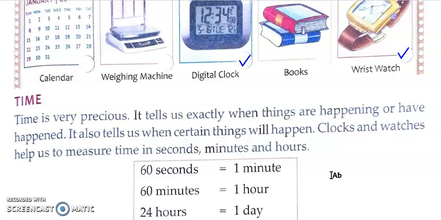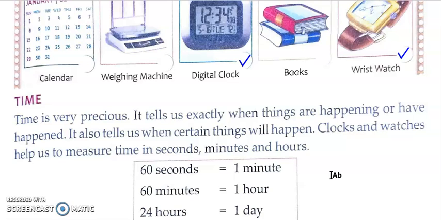Then at 10 o'clock you are taking your breakfast. Afterwards, in the afternoon at 1 or 2 o'clock, you are taking your lunch after going home. And in the evening at 5 o'clock, you are going to play. At 7 o'clock, you are going to tuition. In short, you are doing all the work during the day according to the time.